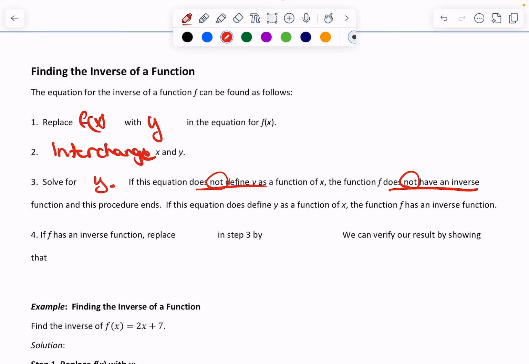Step number 4, if f has an inverse function, replace y in step 3 by the inverse function of x.